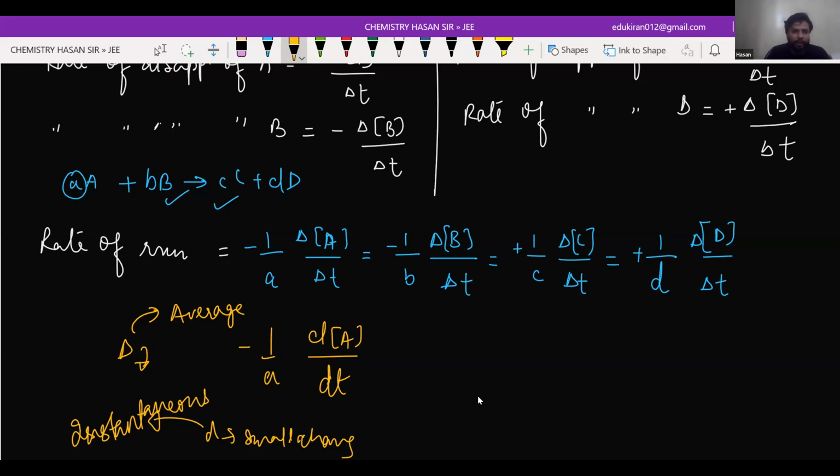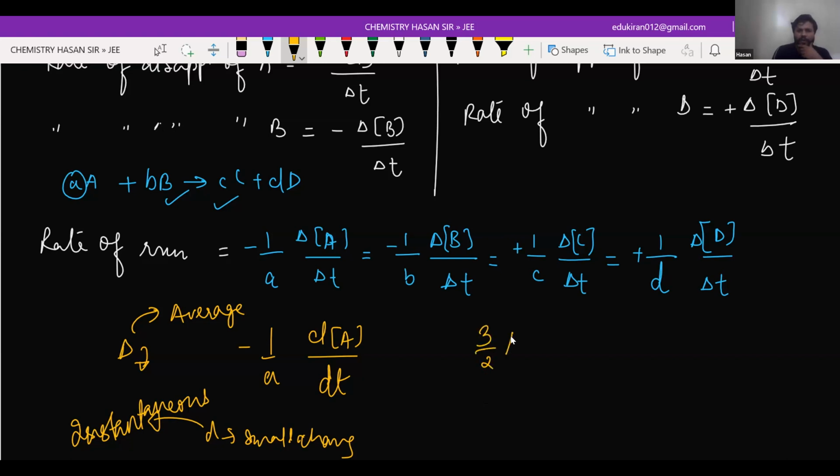Are you getting my point, all of you? So, sir, in place of delta we replace it with d? Yes, replaced by dV, same thing. Okay, sir. When we do the derivation of the integrated rate equation, we use d, so that you will be able to understand d in integration and differentiation. Is that clear, all of you?